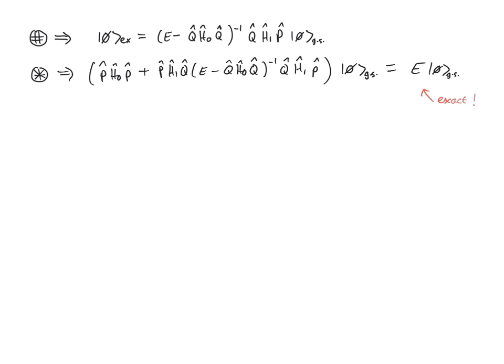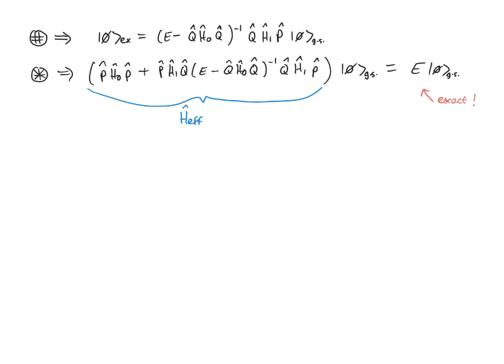So what we managed to do here is totally eliminate phi excited. And what we're left with is something that looks like a Schrödinger equation just for the ground state part of the wave function. So we can call all of this stuff some effective Hamiltonian.